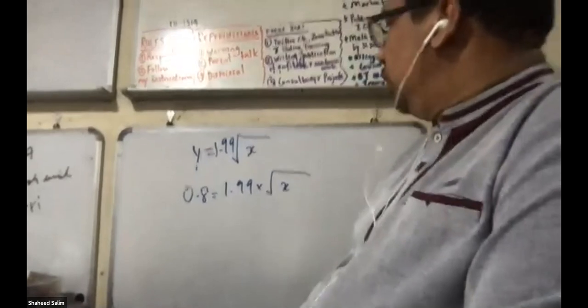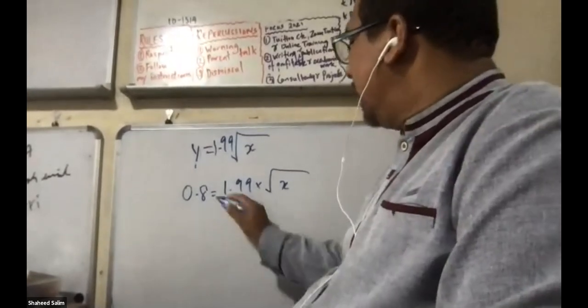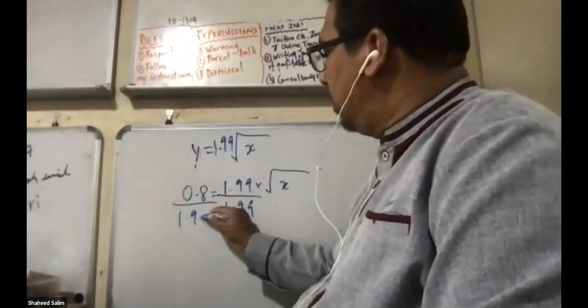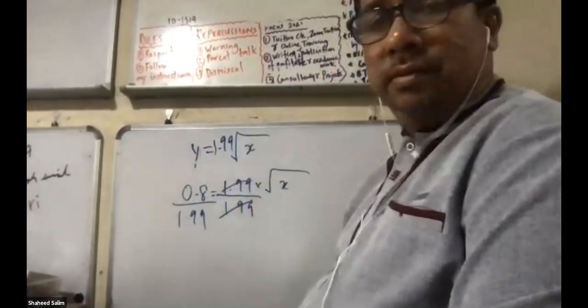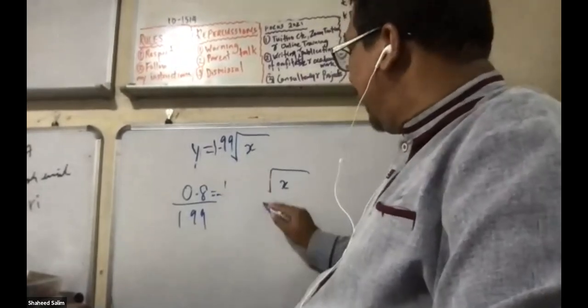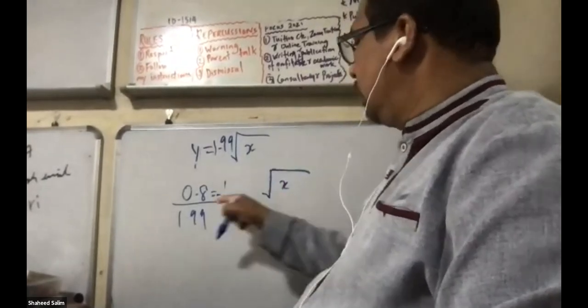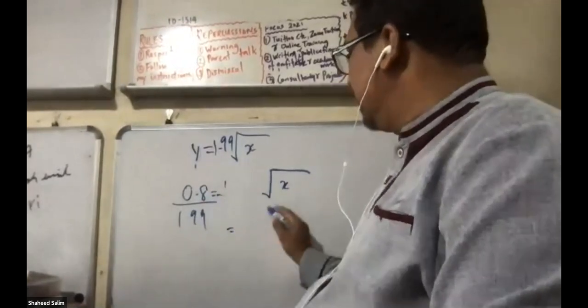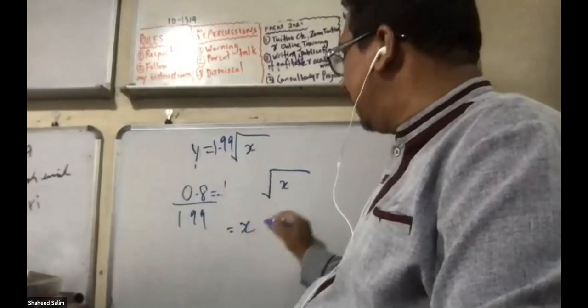So now how to do this one? I divide by 1.99 here, and I must also divide by 1.99 here, because I want to cancel this. So I get the square root of x equals this. In order to find the answer, I need to square it.